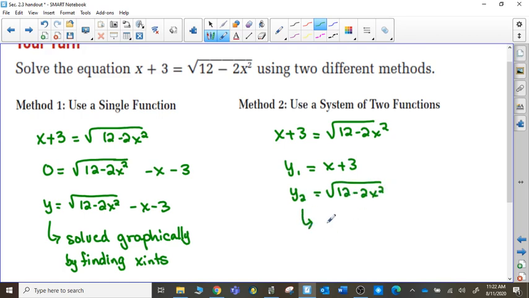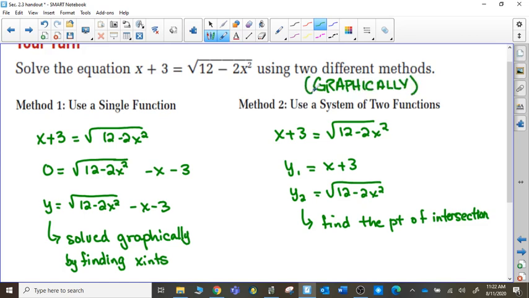And what we would end up doing in this case is finding the point of intersection instead of the X intercepts. I'm just going to show you how to do it this way so that you have a choice as to how you want to solve it when we're solving graphically. So these are 2 methods, but they both focus on solving our equations graphically.